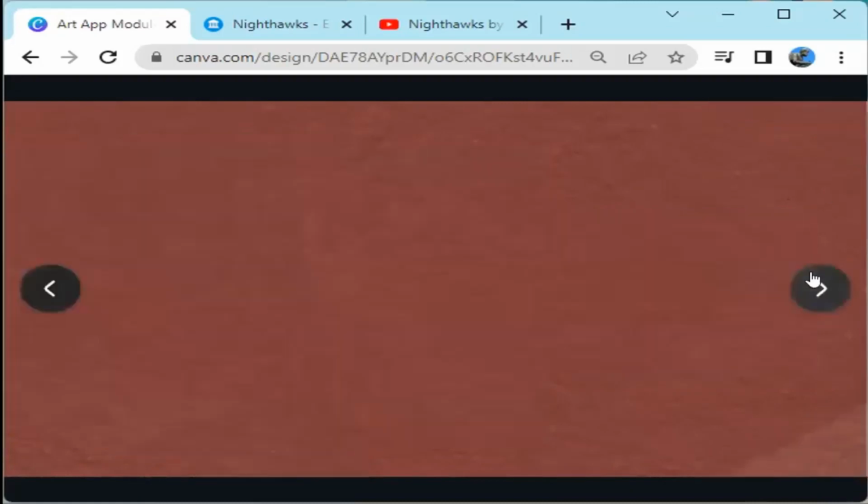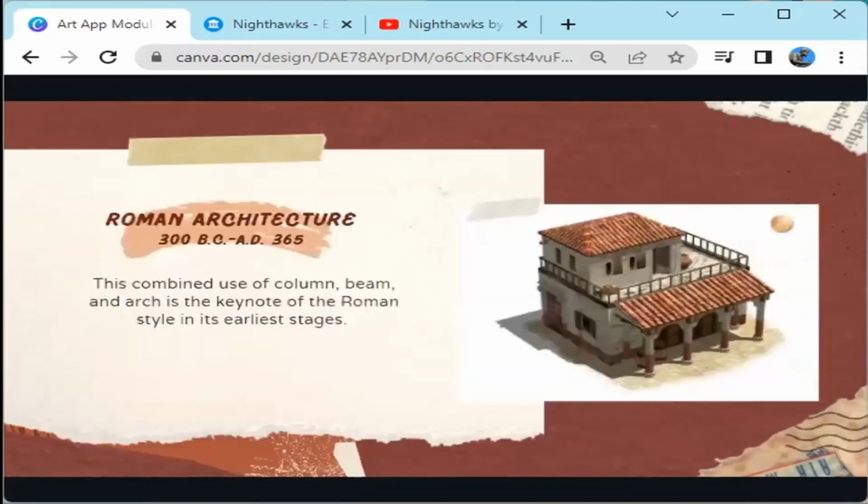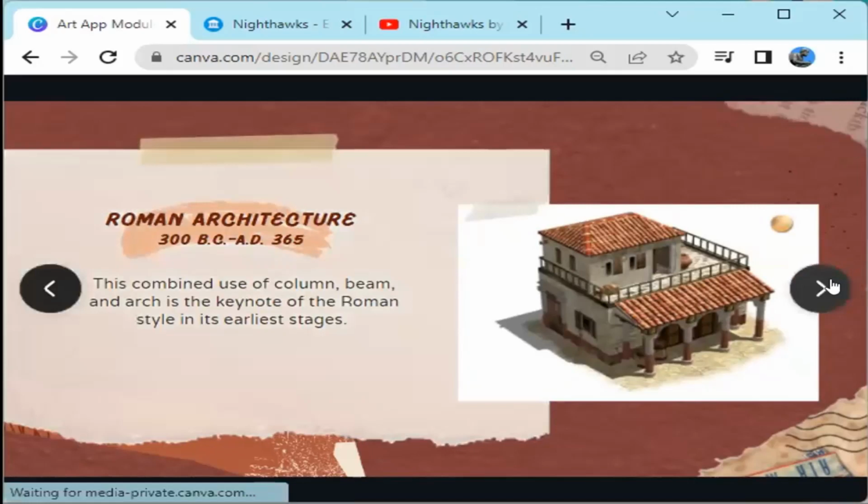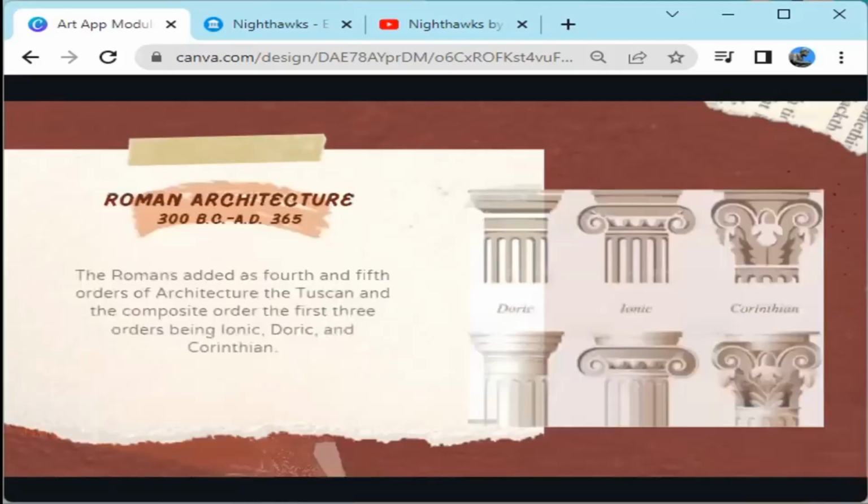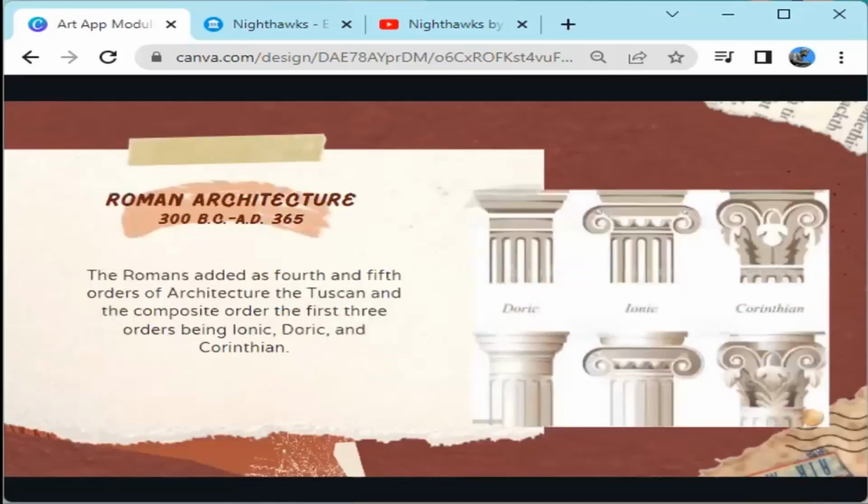Ngayon, yung mga Romans, kilala sila dun sa paggamit talaga nila ng column, ng beam, tsaka ng arch, even in their own simple houses. So, na-adapt nila yung tradition ng Hellenistic culture. And they were able to adapt it even into their own houses.